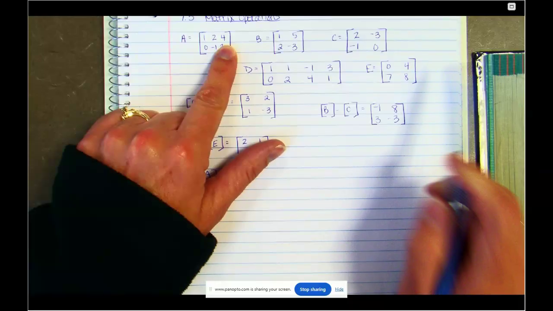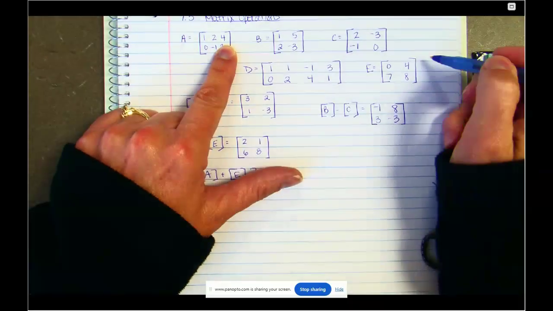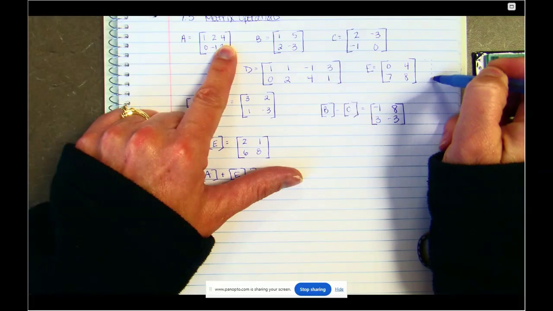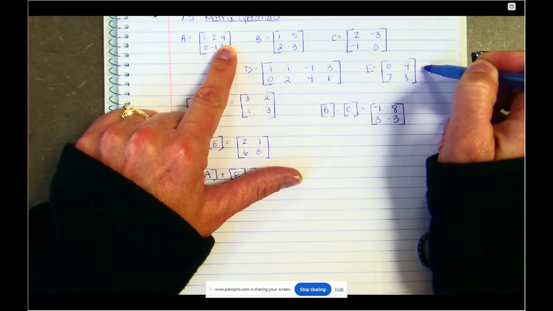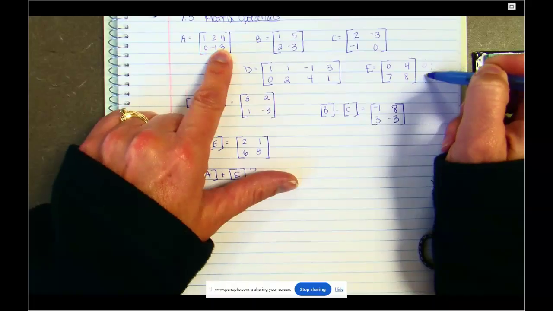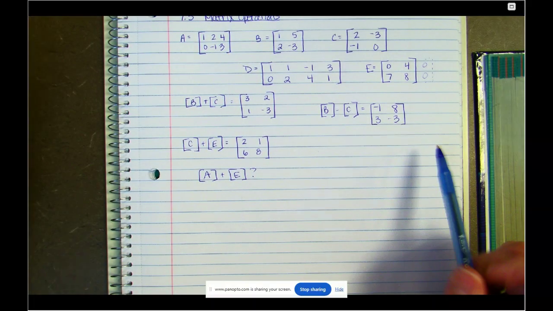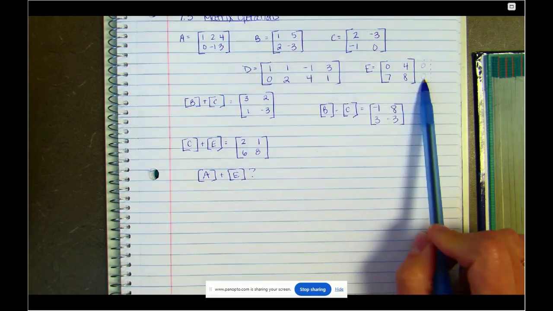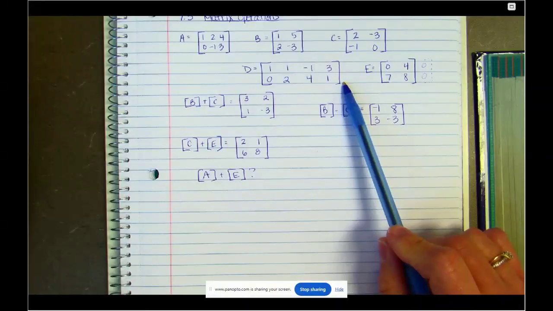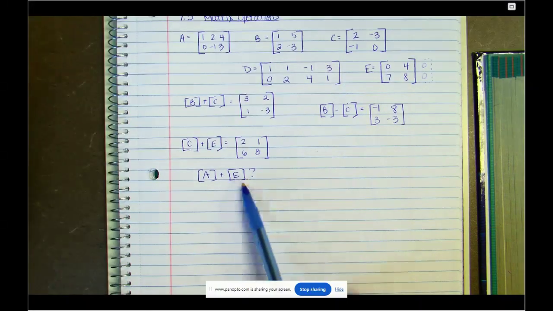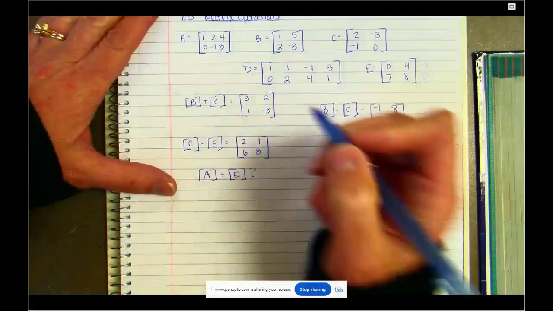So listen, what you're doing essentially when you're attaching these guys here is you're assuming there are zeros in those spots. Is this, with this inclusion of the zeros, equal to matrix E? So the answer is that it's not possible. That's why I put the question mark there instead of the equal sign.